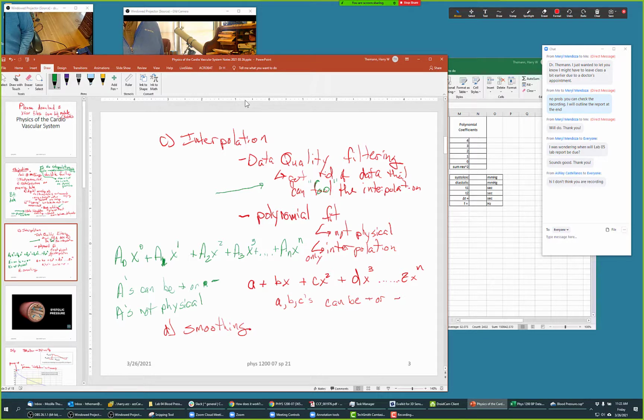The a's themselves, the coefficients, are not physical quantities. These things are notorious because they're very tempting. You can fit any shape, but as soon as you try to extrapolate, they go nuts. They just make the craziest graphs. So you cannot extrapolate with a polynomial fit. But in our case, you'll see that we don't care about that.